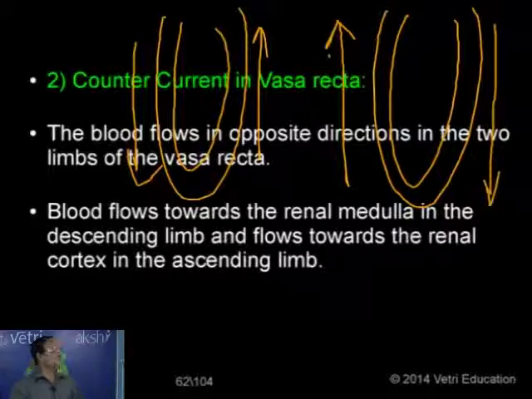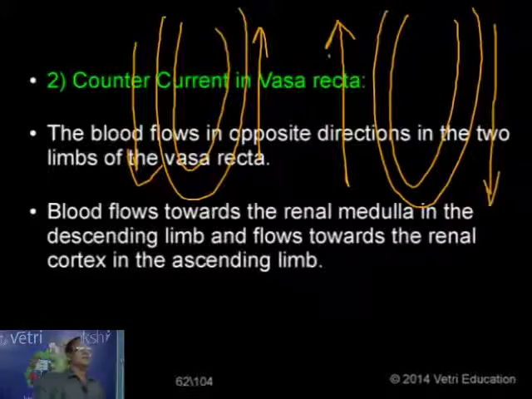So these two countercurrent mechanisms are responsible for keeping not only the urine more concentrated, but also for maintaining the osmolarity in the medullary interstitium. So the osmolarity of the medullary interstitium is also maintained. The concentration gradient is also maintained because of these two countercurrent mechanisms, and these two are working in opposite manner.